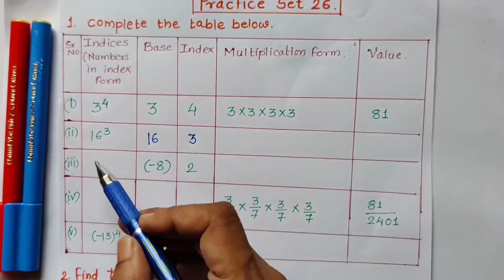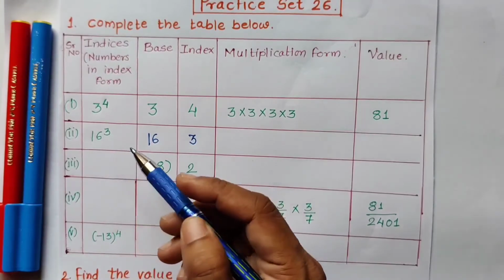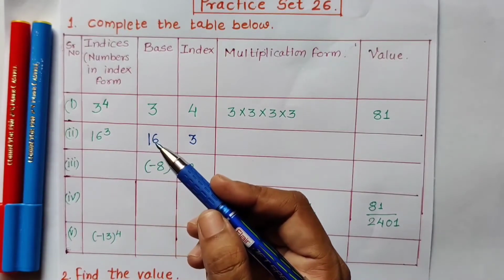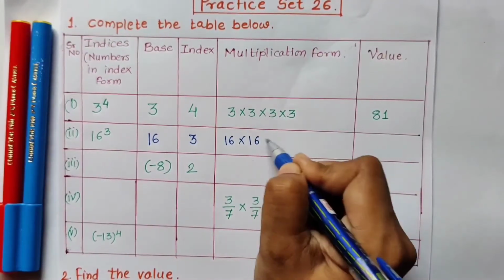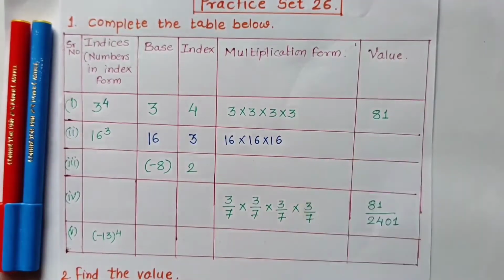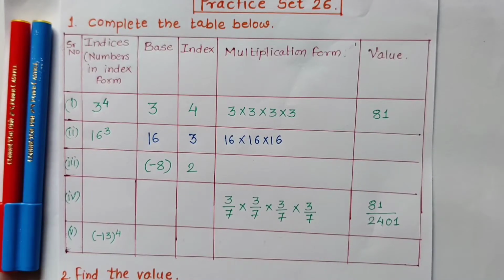And for the multiplication form, 16 raised to 3 means we have to write 16 into 16 into 16. 16 multiplied by itself 3 times. Now we have to find the value. How to find the value? We have to multiply 16 by 16 by 16, 3 times. So let us multiply.